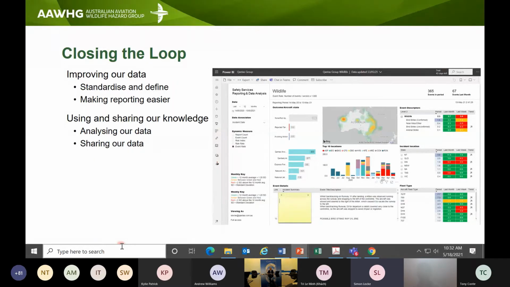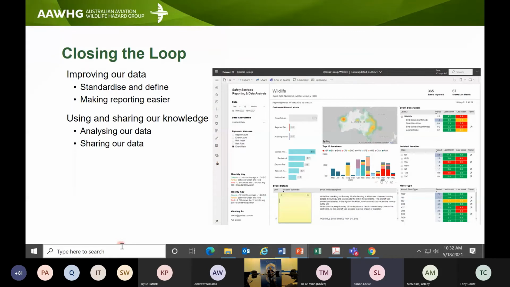a safer flying environment. On the page there is an example of a Power BI slide that is being used to oversight our wildlife interactions across all of our operators.